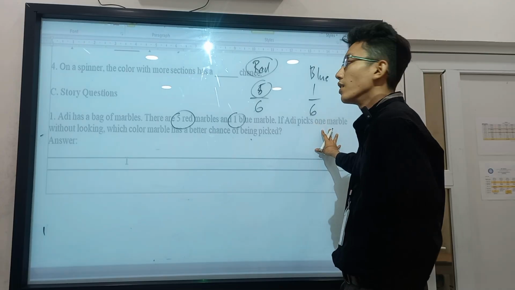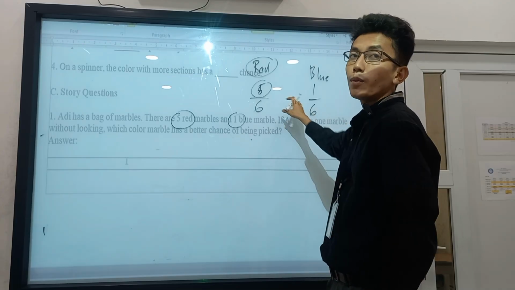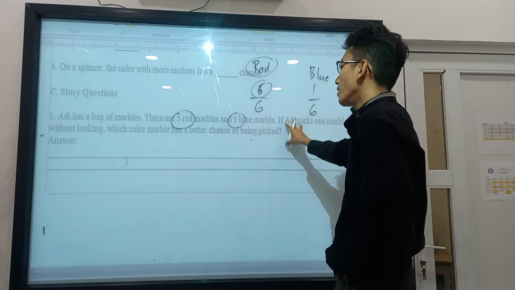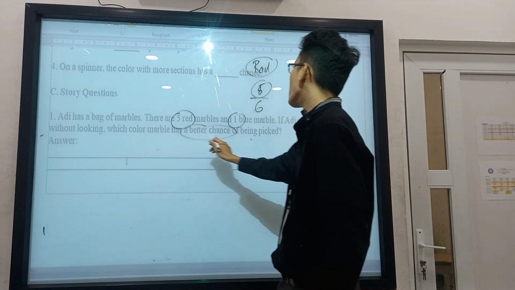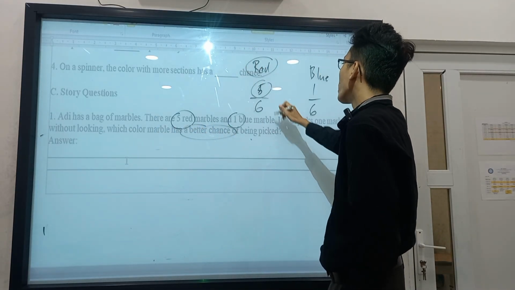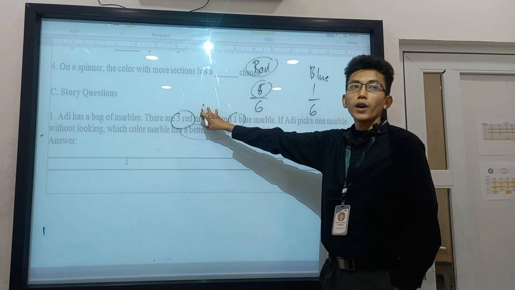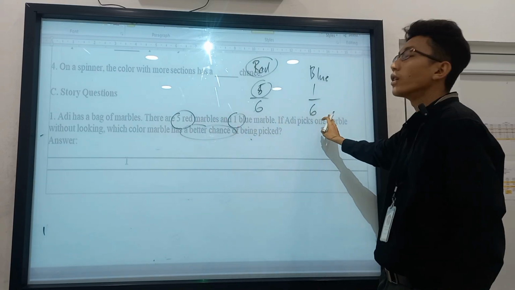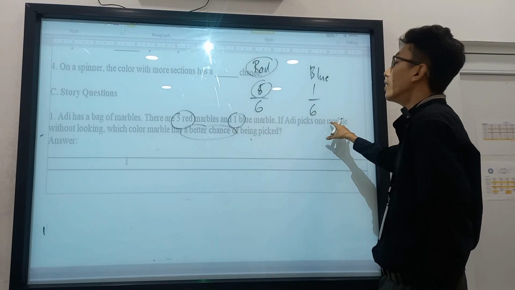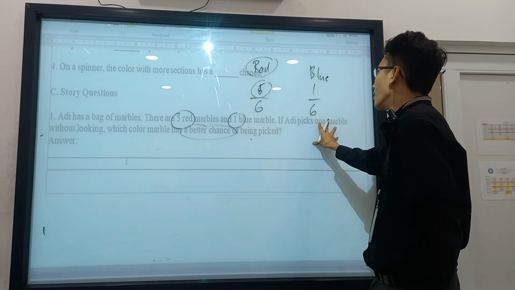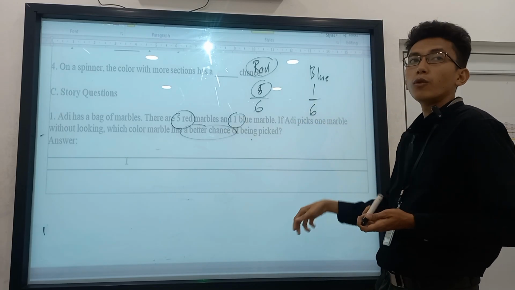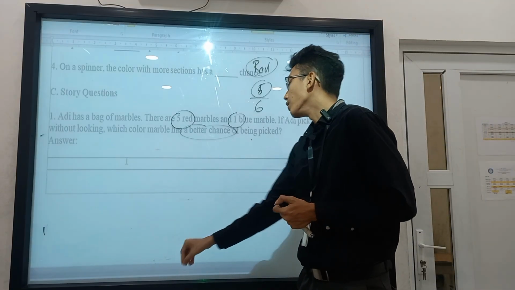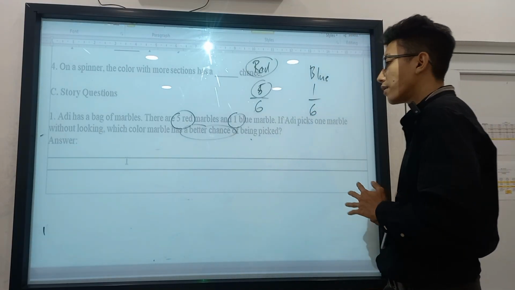So the bigger number represents the bigger chance. Which color marble has a better chance of being picked? Of course, it will be red because there are 5 in the bag and there is only 1 blue in the bag. And this is how you represent what marble you will pick when you take one from the bag. Okay, I see.